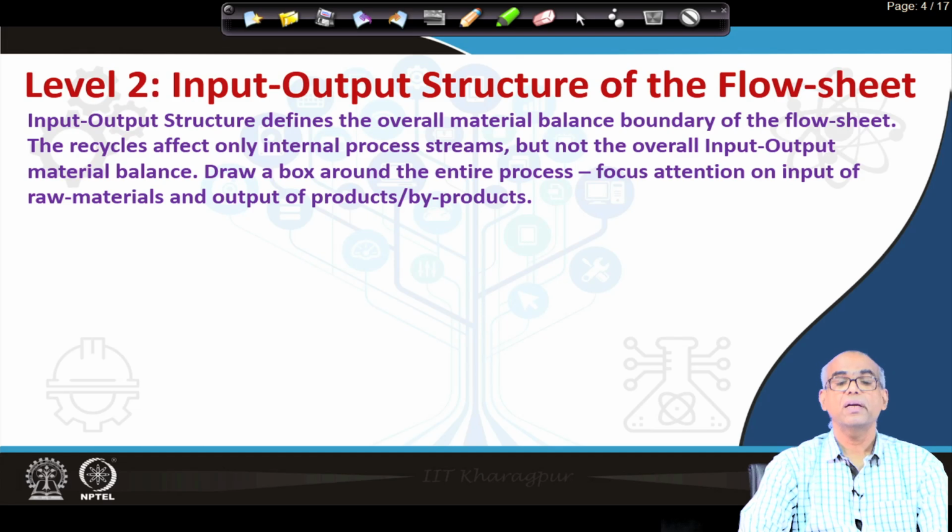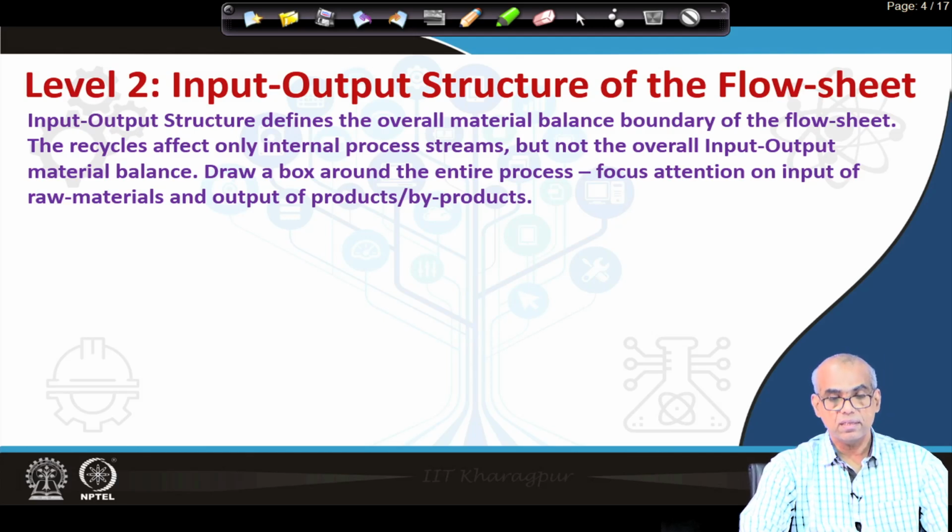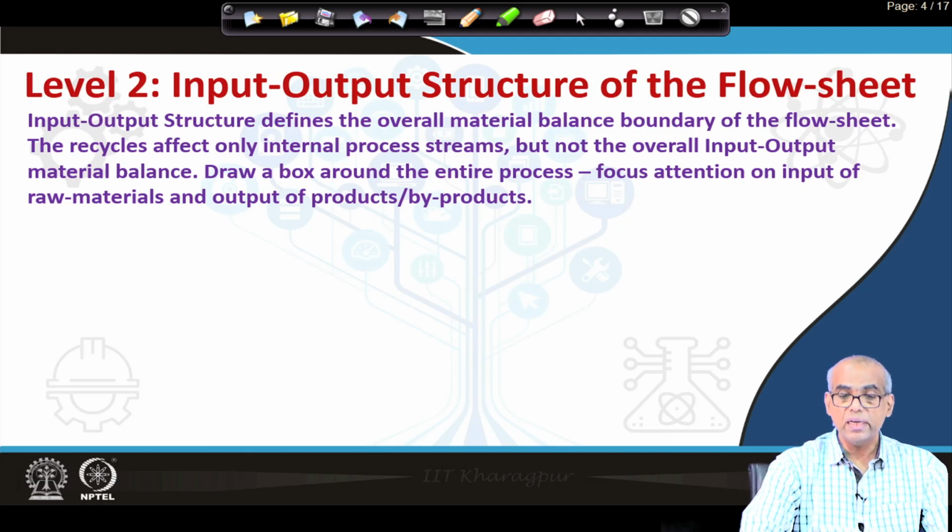Now, let us discuss the decision at level 2 in more detail, and this decision is all about input output structure of the flow sheet. Input output structure defines the overall material balance boundary of the flow sheet. The recycles affect only internal process streams, but not the overall input output material balance.